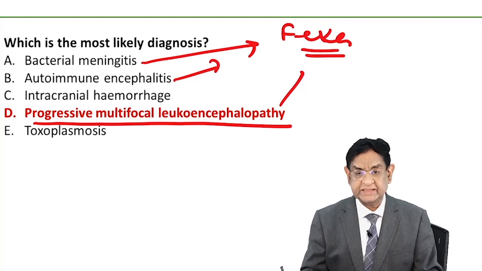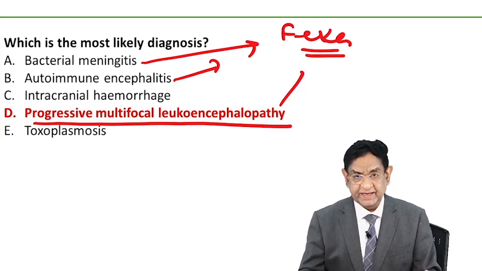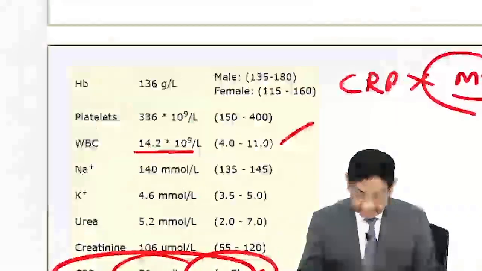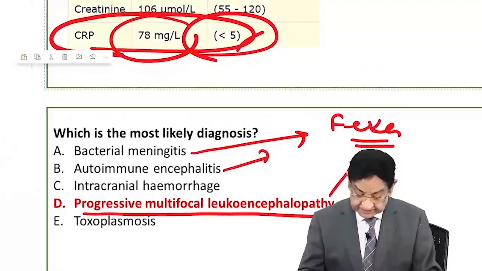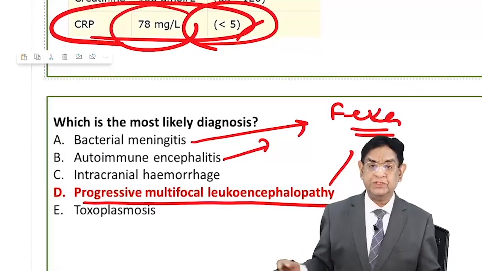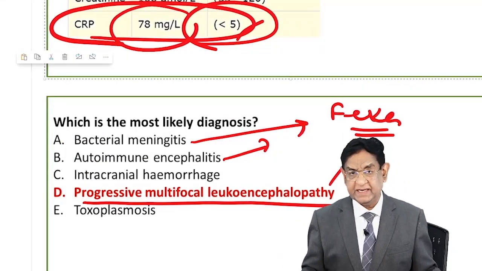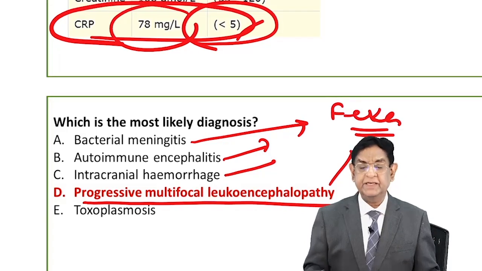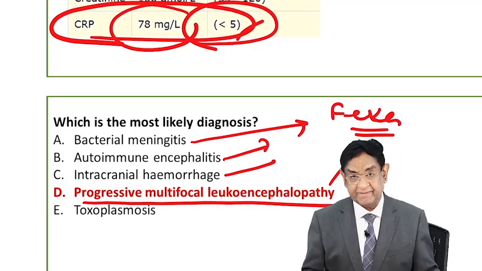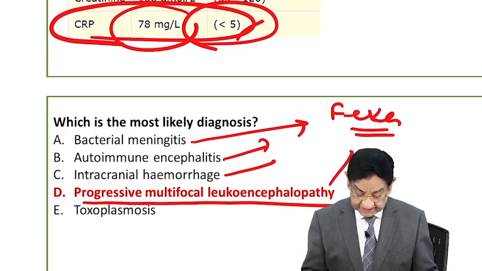Autoimmune encephalitis? We didn't get any clue. Or autoimmune hemolytic anemia or encephalitis, some autoimmune process should be there. There's no clue regarding autoimmune. Intracranial hemorrhage, they have severe headache, an altogether different presentation.